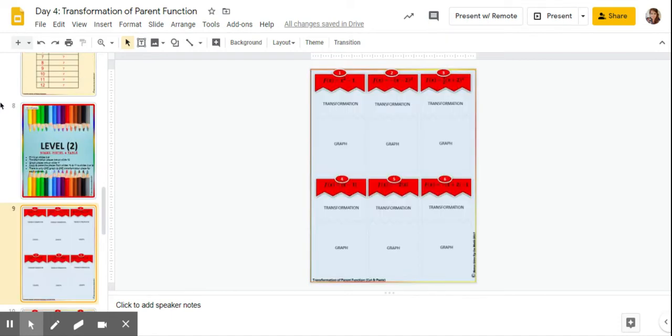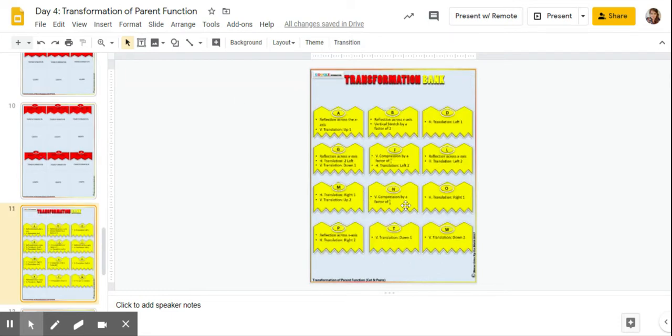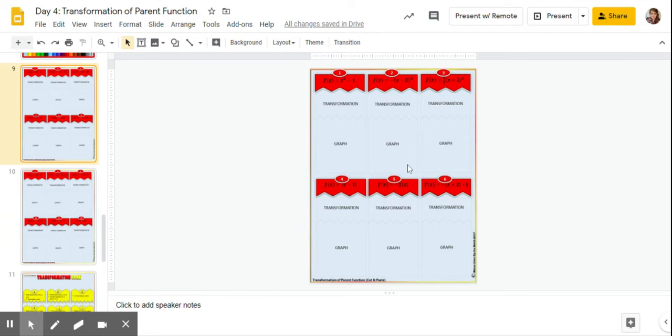Now, if we look at level 2, we're going to do the same thing. If you notice, none of the pieces are on the sides here. So what we're going to have to do is look at these problems, and then on slide 11 are the yellow transformations. You're going to click on the transformation you want to use and hit Control C, and then go to the slide you want, Control V it, and put it wherever it belongs.